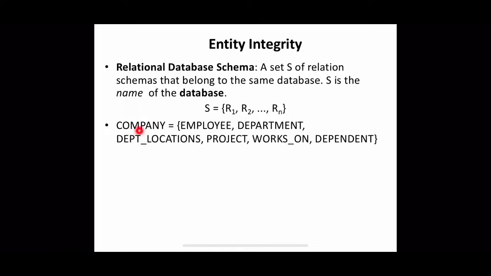Just for example, for our company database, the schemas of all the relations together form the relational database schema for the company database. So employee is a relational schema, department, locations, like that, all the schemas together form the relational database schema for the company database.